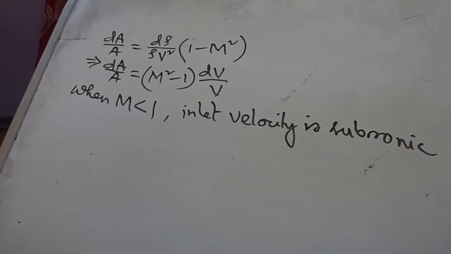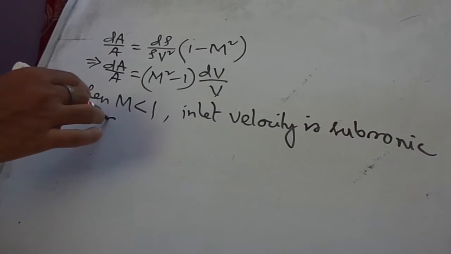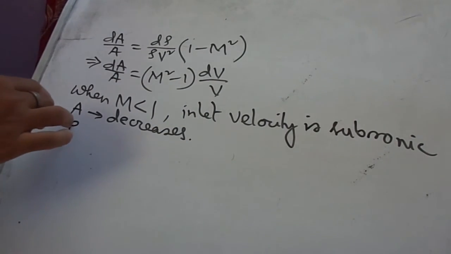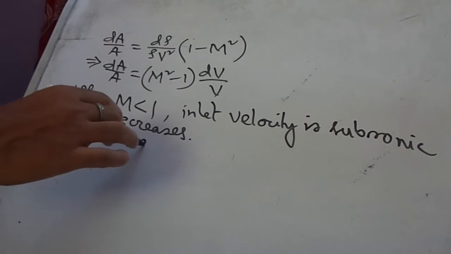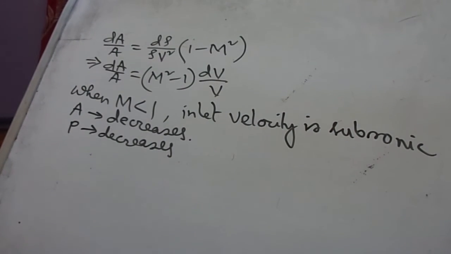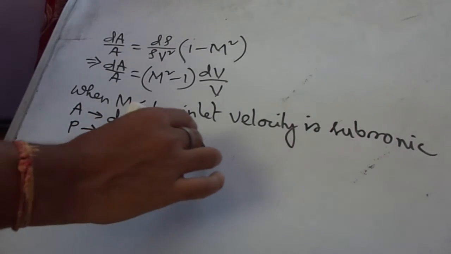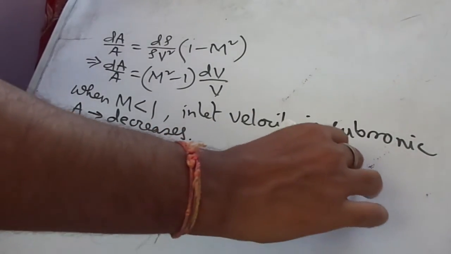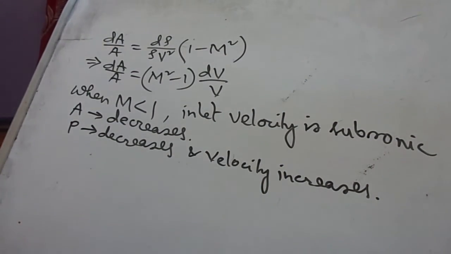As flow area A decreases, the pressure decreases and the velocity increases. So for subsonic flow, a convergent passage becomes a nozzle and a divergent passage becomes a diffuser.